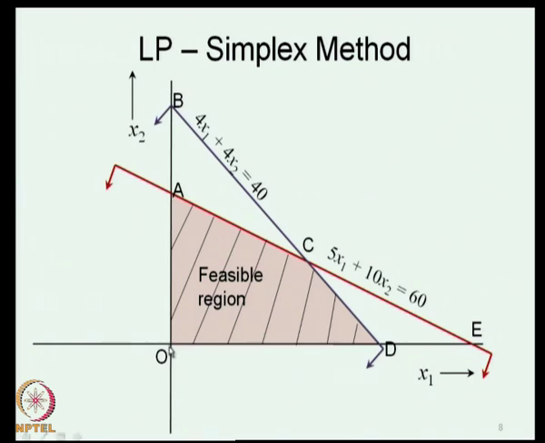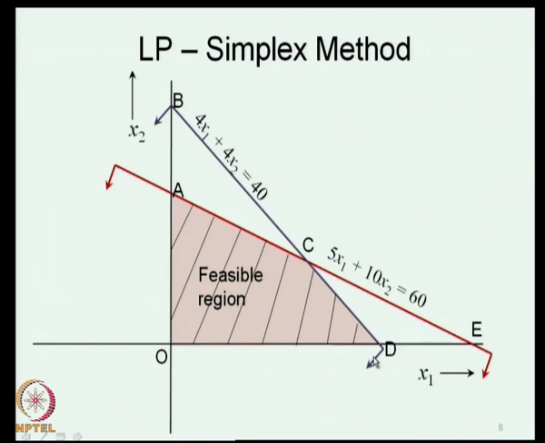We identified O, A, B, C, D and E as the corner points of this particular space. O is the origin, and A is the intersection between this constraint and this axis, and so on. So, these are the corner points.